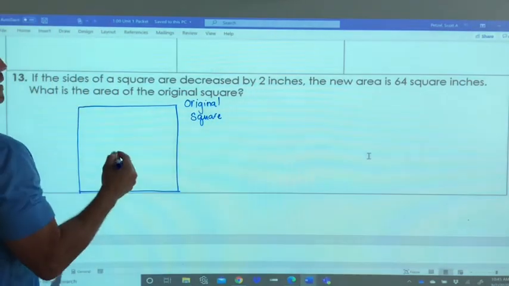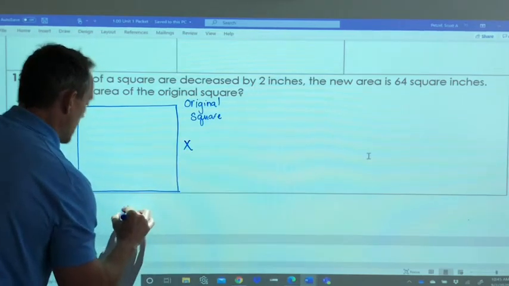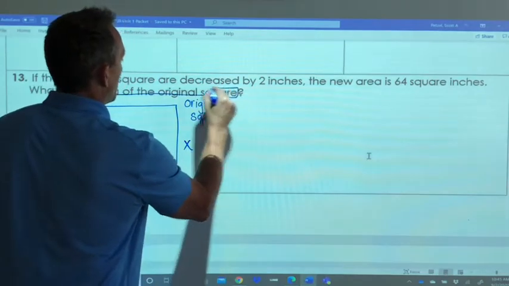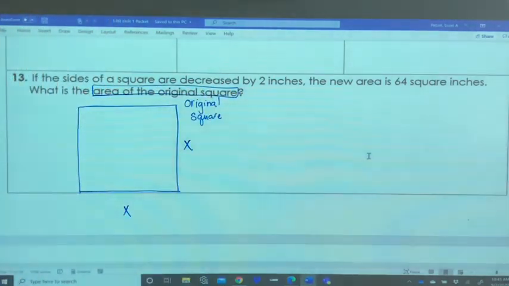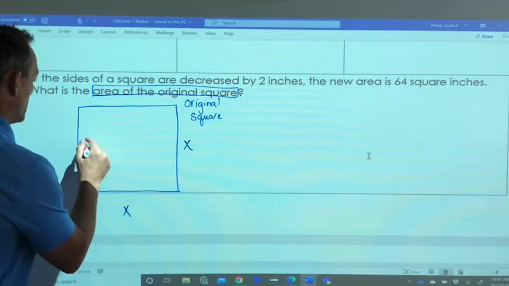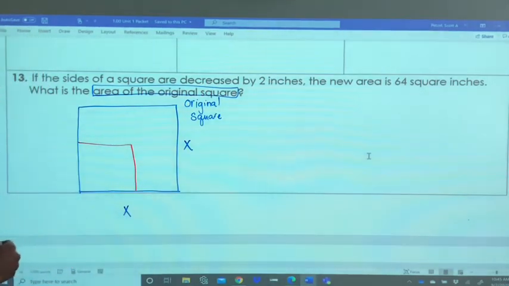I don't know what it is, so I'm going to call it x times x. I don't know because it says the area of the original square is, I don't know. It says then that my sides were decreased by 2 inches.